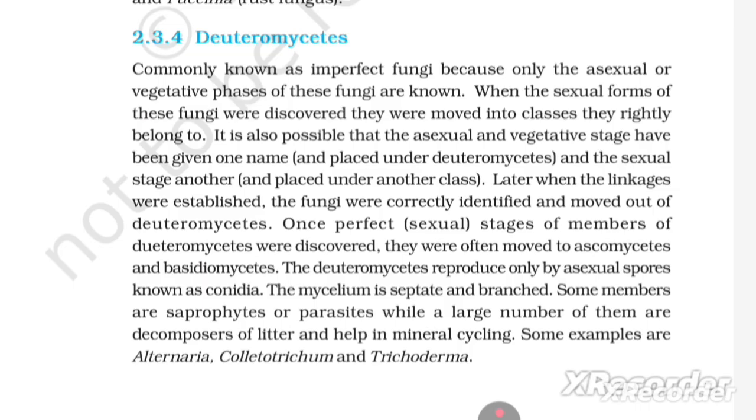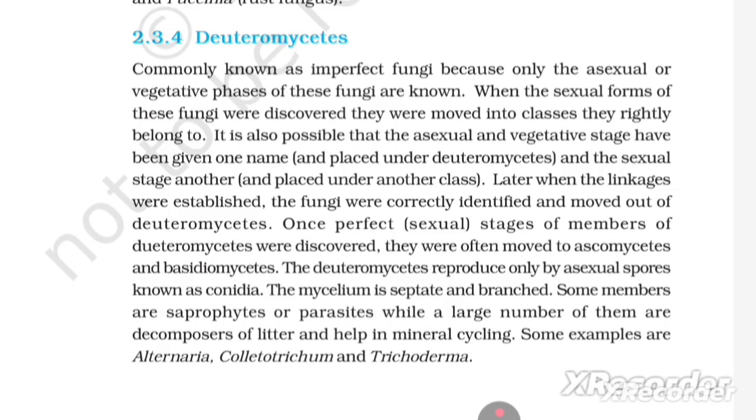Later, when the linkage was established, the fungi were correctly identified and moved out of Deuteromycetes. Once the perfect sexual stage of members of Deuteromycetes were discovered, they were often moved to Ascomycetes or Basidiomycetes.